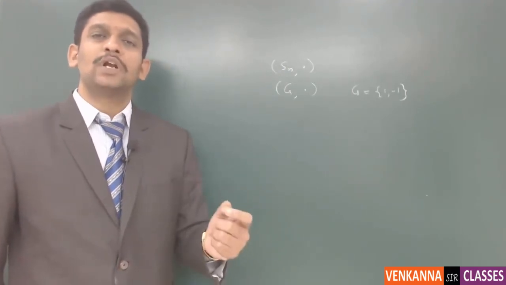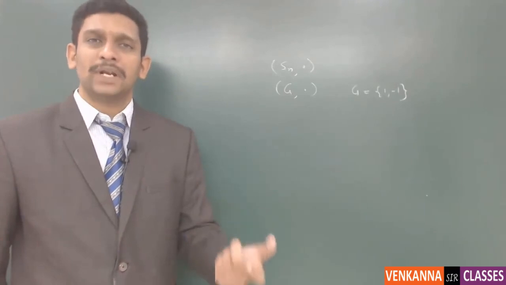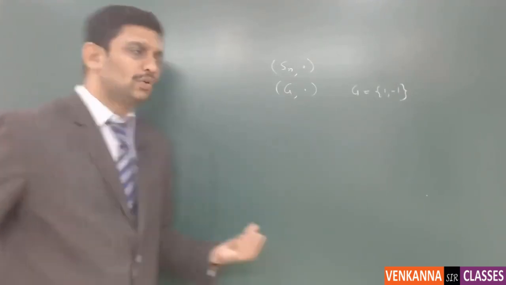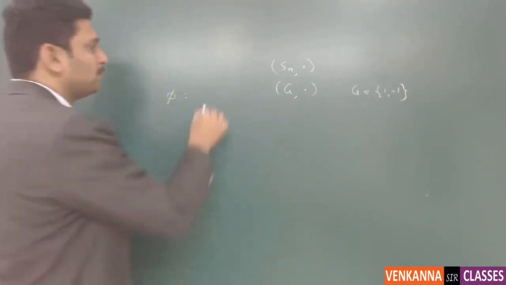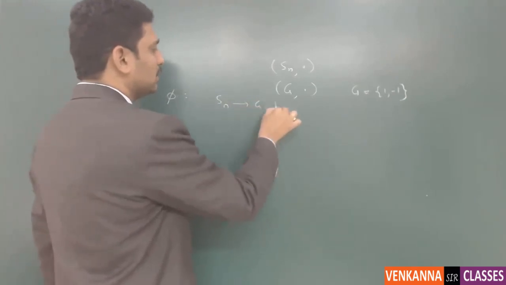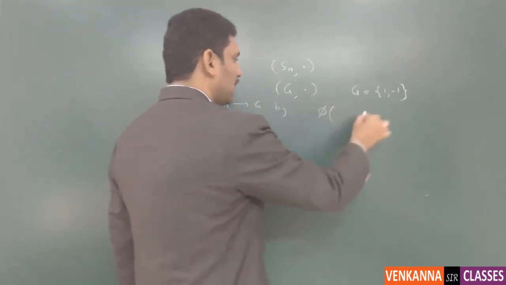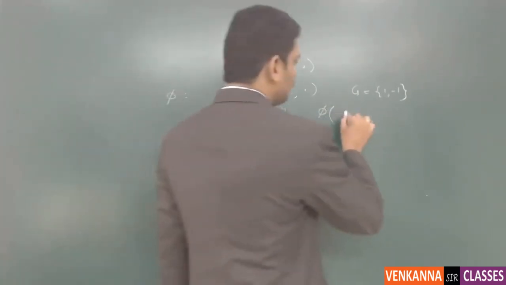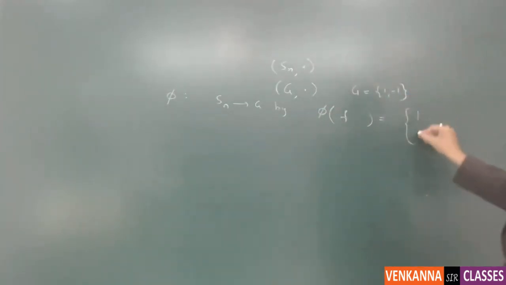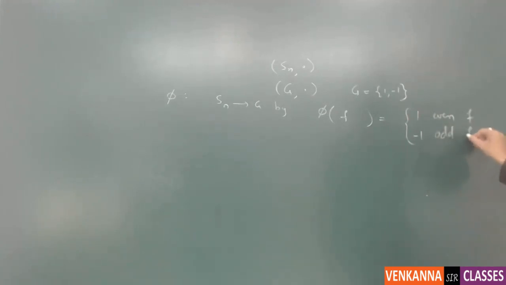Because I just want to make use of the fundamental theorem of homomorphism. So let me define a function phi from Sn to G by phi of f, whenever you take a permutation f, its value will be either 1 or minus 1. You take 1 whenever it is an even permutation. You take minus 1 if the permutation is odd. So you define a function like this.